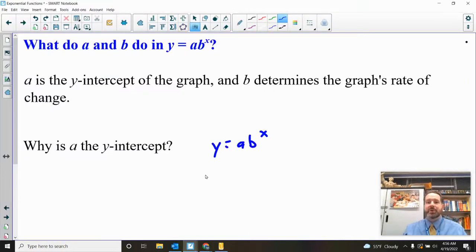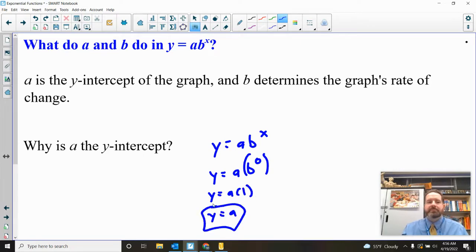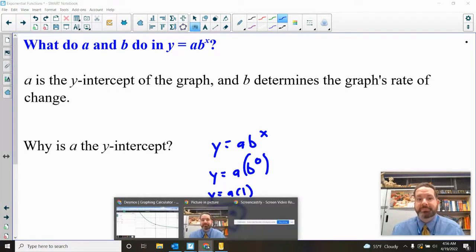So I'm going to be putting 0 in for this x. We've discussed a couple of times in this lesson already. Any number to the 0 power is always equal to 1. And a times 1 is just a. It is for that reason that the a in this equation ends up determining what your y-intercept is.